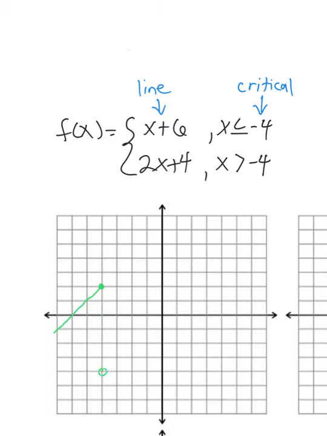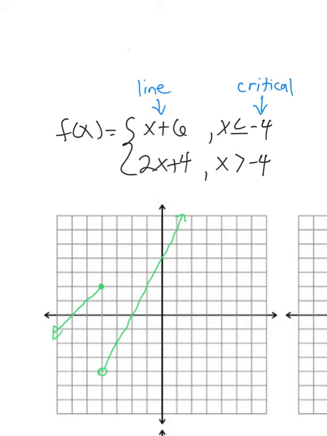I'm going to do an open circle because it does not include it. I know the slope is 2, so it rises 2, goes over 1, rises 2, up 1. So the rest of the graph kind of looks like this. Up 2 over 1, and so on. And so we can put arrows at the end since they are lines. So this is what our first graph looks like.